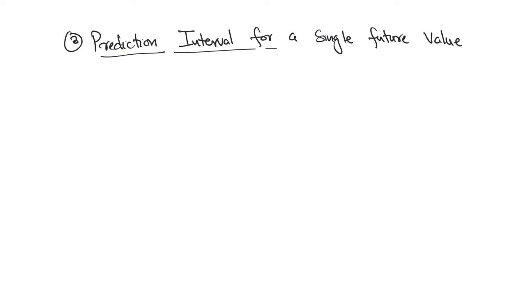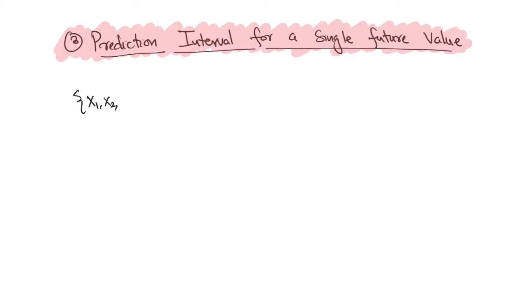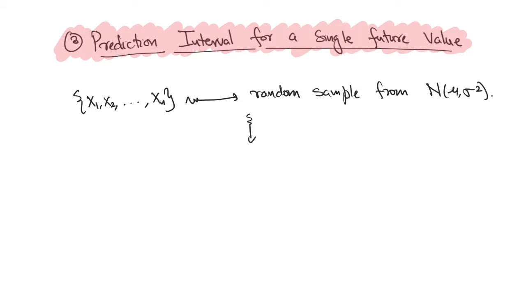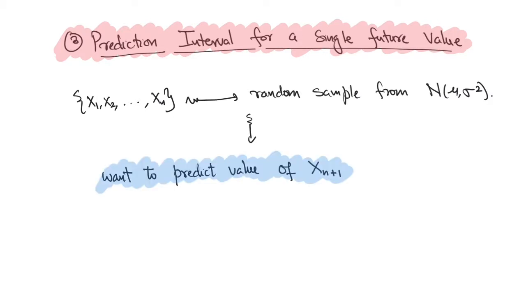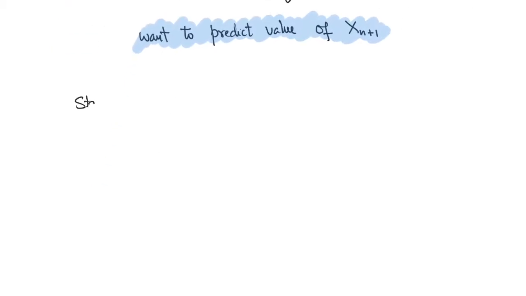We will next work with prediction intervals for a single future value. The idea being that given a random sample x1, x2 through xn coming from a normal distribution with mean mu and variance sigma squared, we want to predict the value of a future observation that could be denoted by x n plus 1.